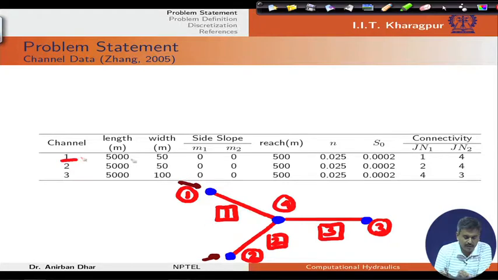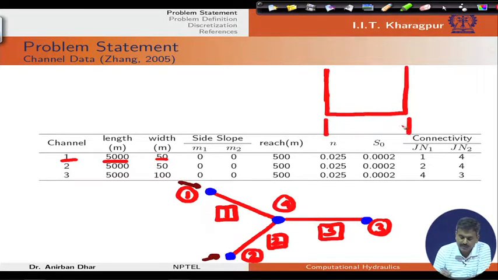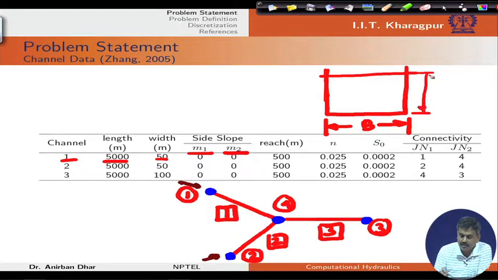So, now for channel 1 length is 5000 meters, width is 50 meters. So, in this case we are considering rectangular channel section. So, we have 0 slope, m1 and m2 equal to 0, and this is b or width of the channel, but we do not know what is the depth, that is the function of x and t.